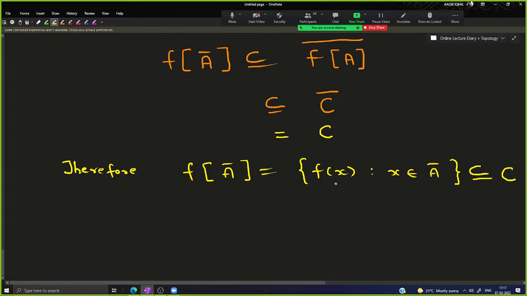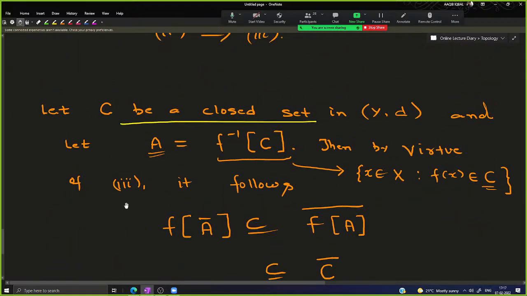So the set of these f images, it's a subset of C. Consequently, यहाँ से फिर ये साबित होता है. अगर आप इसे देखेंगे, f inverse C को अगर आप देखेंगे, which by our assumption is A, है ना? आप देखिए ऊपर आपने A को किसके बराबर रखा है?